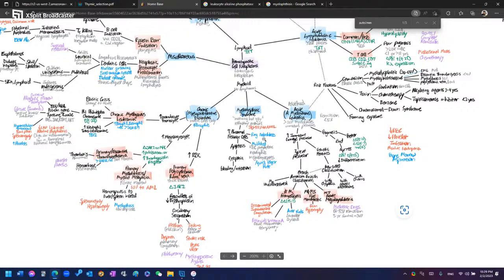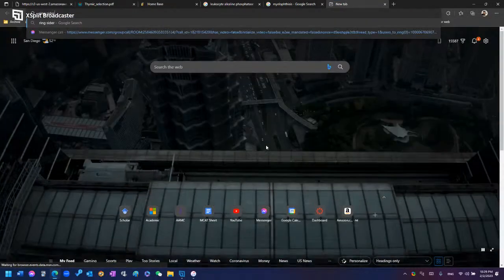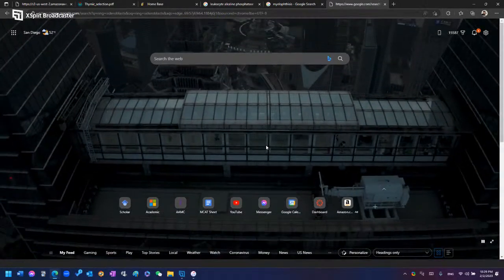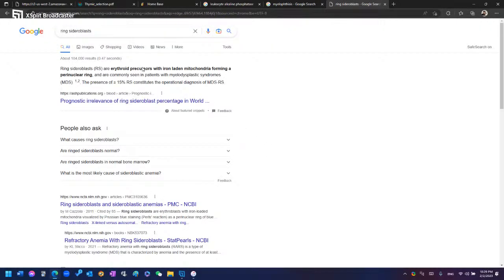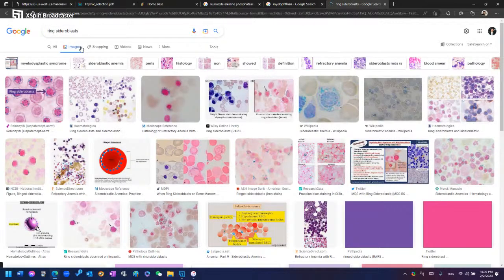So you could get ring sideroblasts, which is when your, I think it's when the ribosomes fail to incorporate, or actually the mitochondria fail to use the iron effectively, and so they just gather in front of the mitochondria.